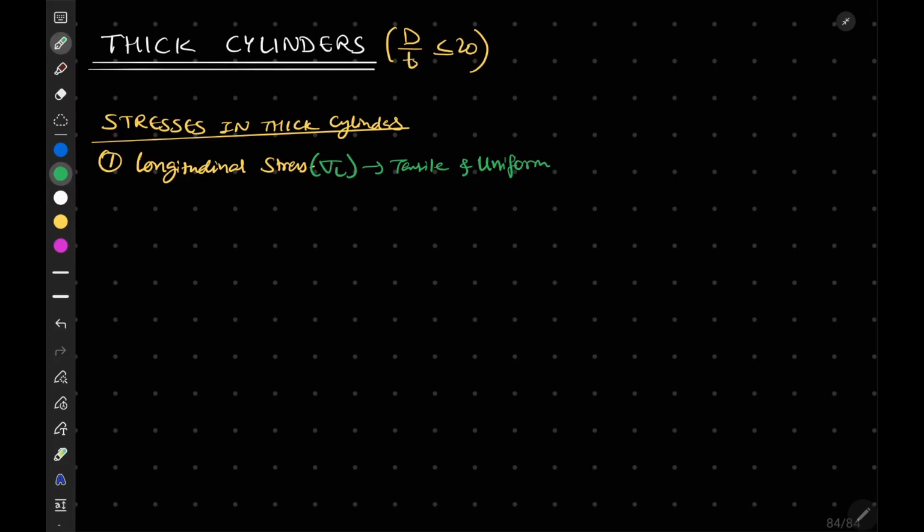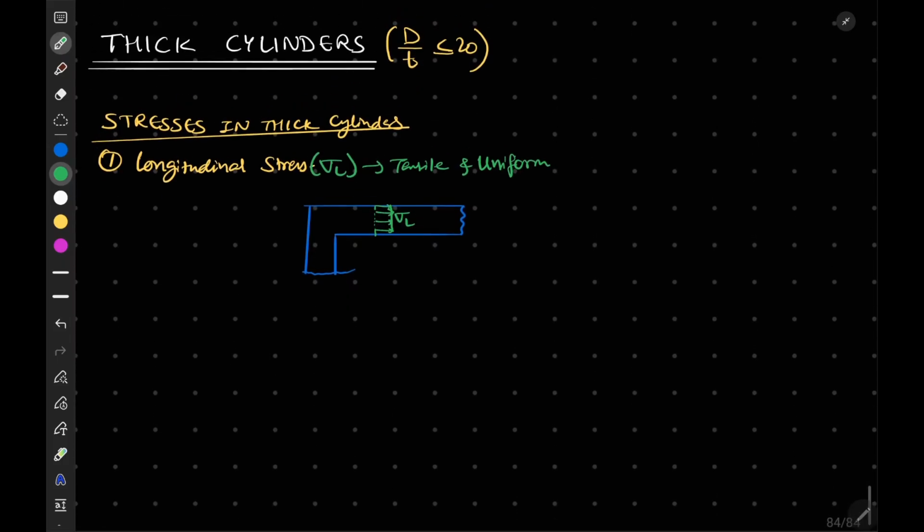Let's consider this section. Your sigma L will be represented like this. At this section, this is sigma L. Sigma L value is constant.